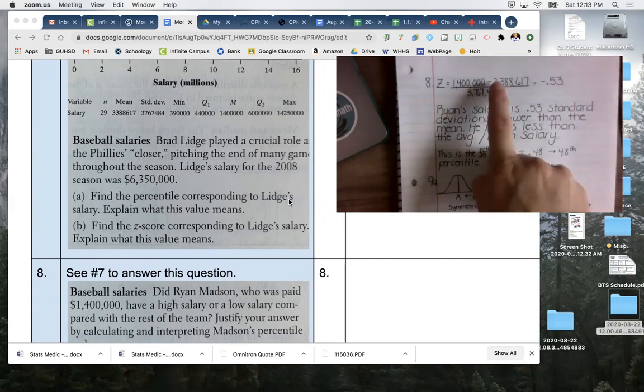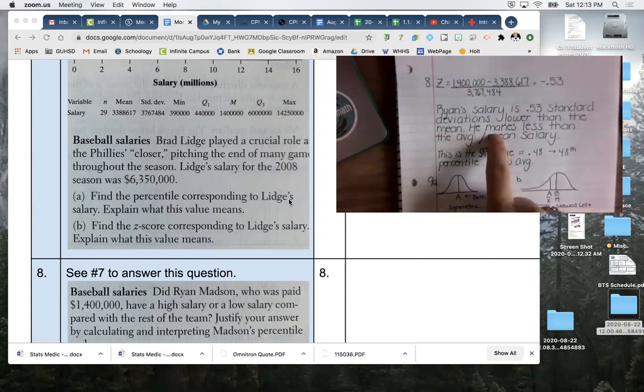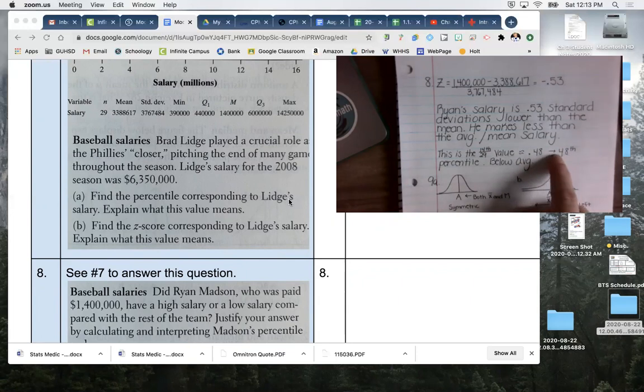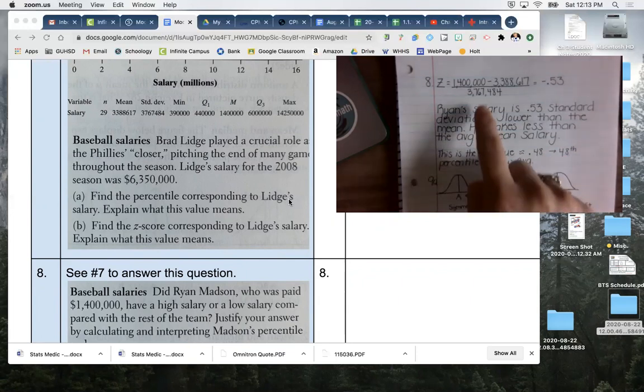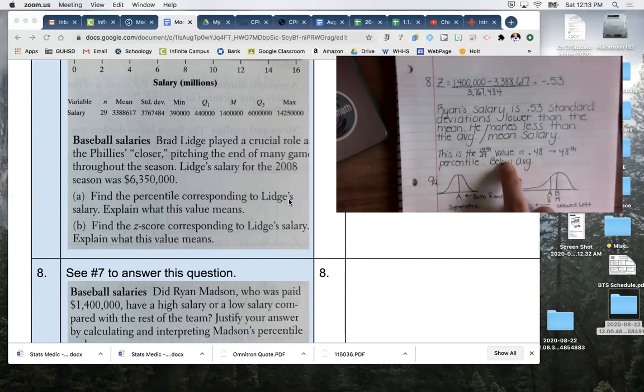He's lower than the mean. So his salary is 0.53 standard deviations lower than the mean. So when they were asking, does he make about the average or less than, he makes less than the average. I also did the math for, he was the 14th value out of 29, which would put him at about the 48th percentile. So either way that you did the math, he should have been below average when you answered that question.